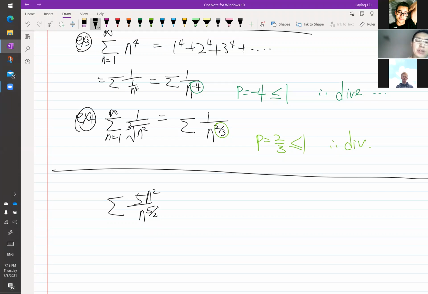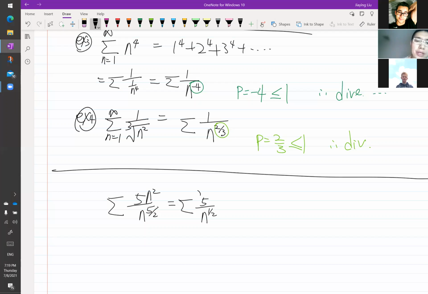Well, let me finish this and I'll explain a little bit more to your question. If you have something like this, the 5, we want 1 there. So the 5 doesn't matter. You can always bring it outside, but for now, let's just leave it. The n squared divided by n to the 5th gives you 5 over n to the 1/2.